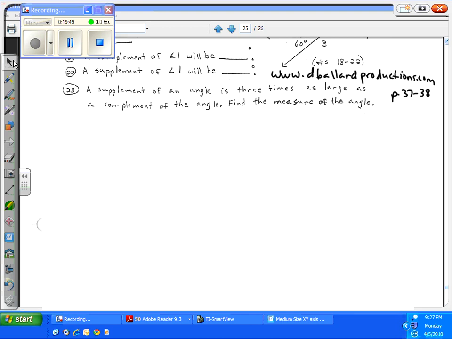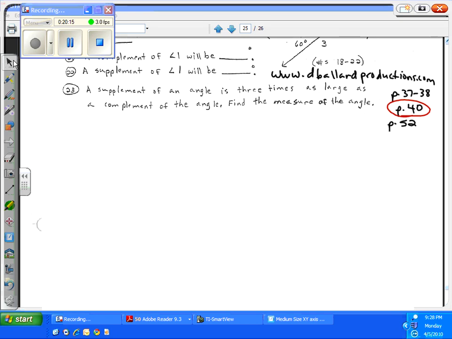Page 37 and 38 of that text is turning word sentences into mathematical equations. Page 40 is steps in doing a word problem, and that's where we talk about characters and word sentences. Complementary and supplementary are on page 52 of that text, and then we've dealt with them here in the geometry book.